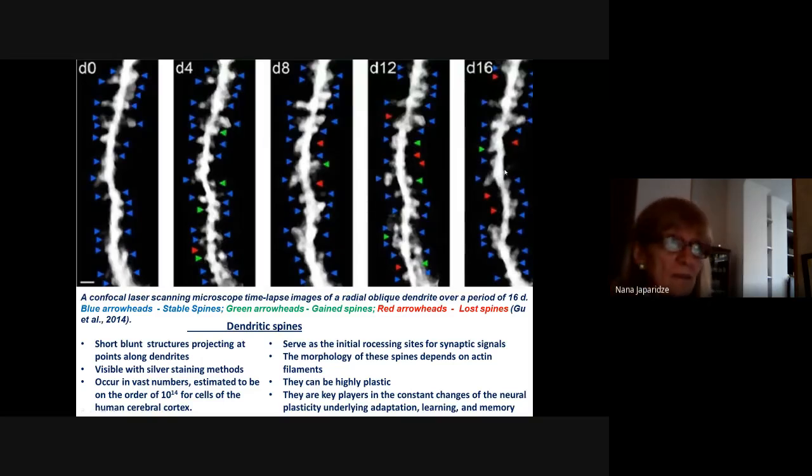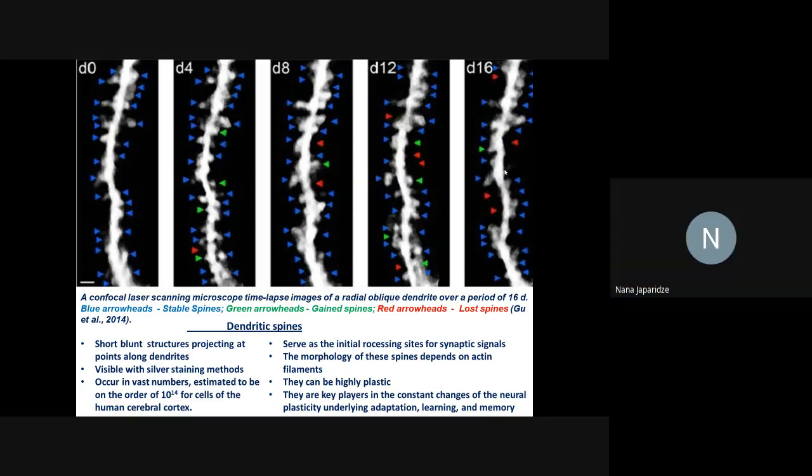And this feature of the spines is very important because, this way, they provide the highly plastic nature of connections in the brain, in the central nervous system.